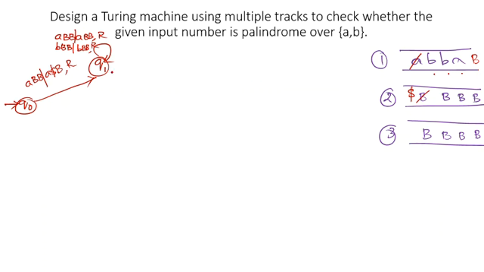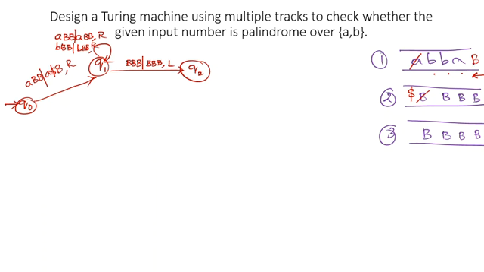So if it is triple blank, then I will change my direction to left. This will be my Q2. So now it has changed the direction.